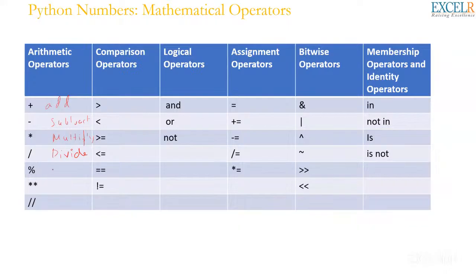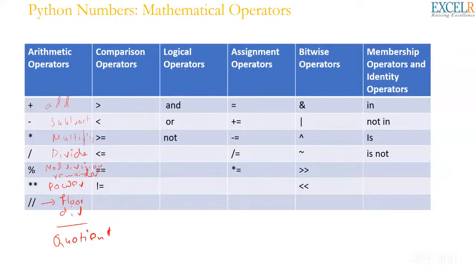Percentage means modulo division, mod division. Basically, this is used to find the remainder of a division. Remainder, okay? And double star means exponentiation or power. And this double slash means floor division. Floor division, to check the quotient of a division. Okay.